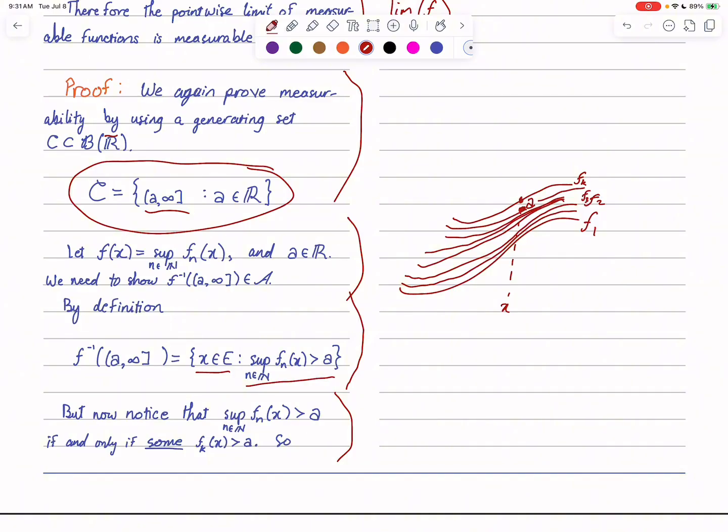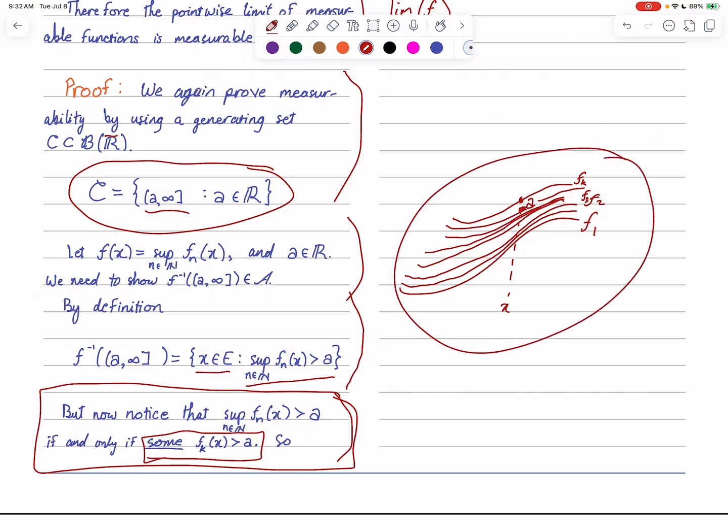Effectively, what I'm getting at here is that a particular point x is in this set if and only if some particular function maps x above a, strictly bigger than a. That's the kind of quick, somewhat pictorial argument: we need some point above a for some one of these functions.